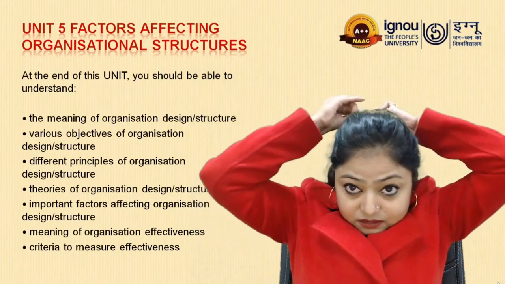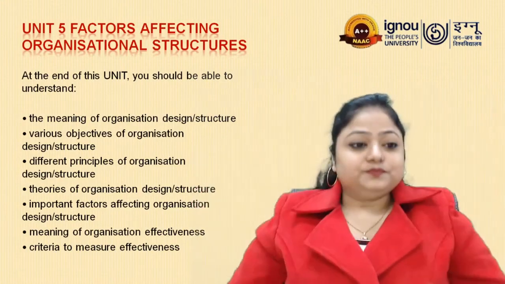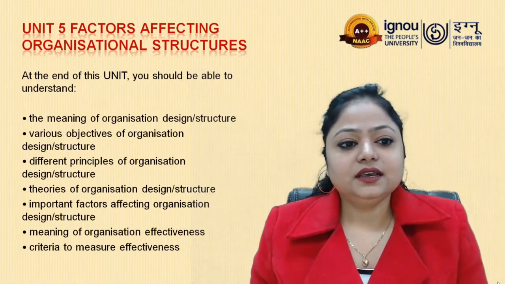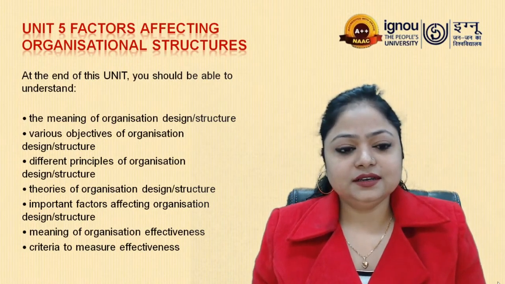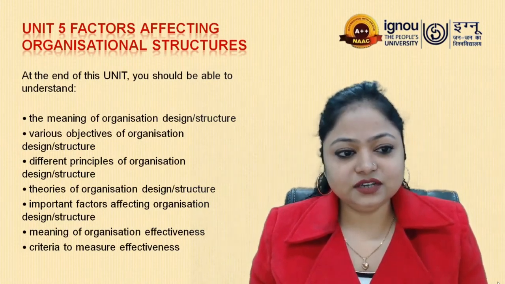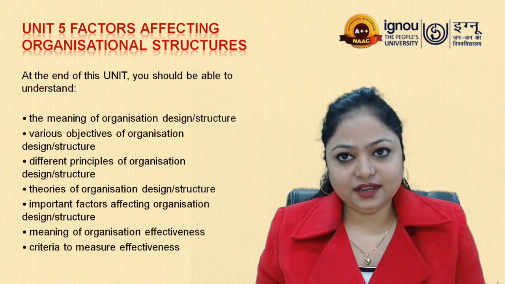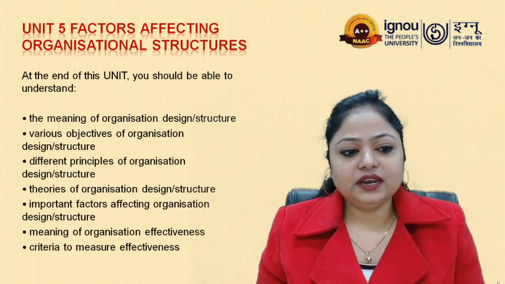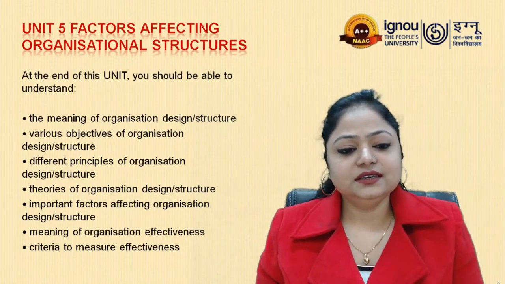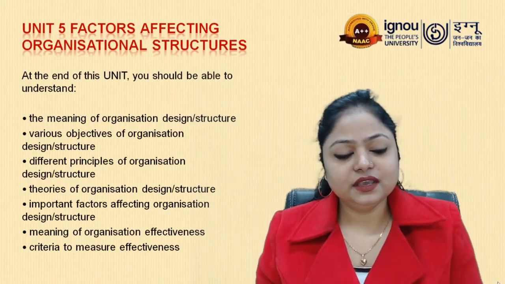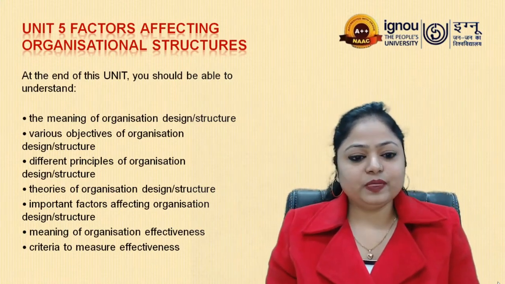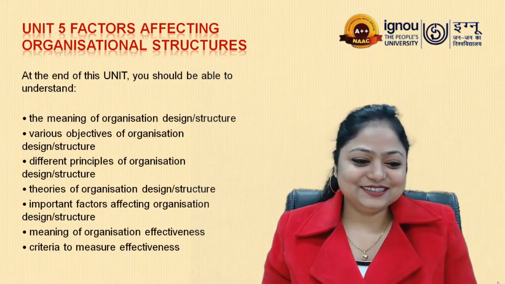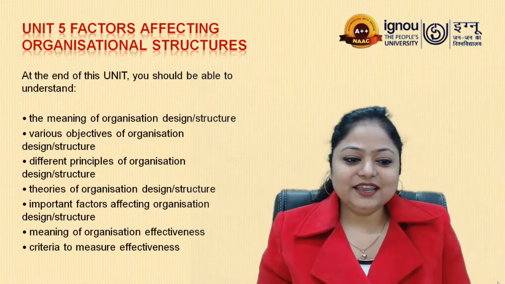And at the end of this unit, you should be able to understand the meaning of organization and its design and structure, then various objectives of the organization and its design, the different principles of organizational design and structure, theories of organizational design structure, important factors that affect organizational design and structure, and meaning of organizational effectiveness.